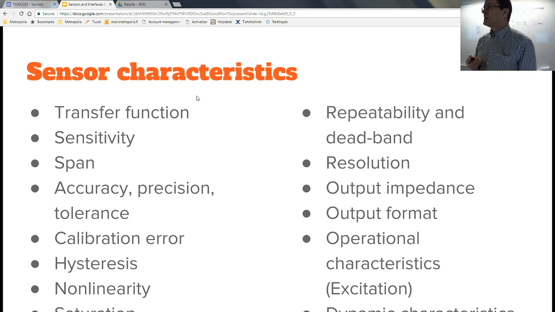Non-linearity: well, in a perfect world, everything would be linear. That would make the calibration very simple. You just need 2 points and draw a line, and that's your calibration. But unfortunately, nature is always non-linear, so we have some non-linearity.